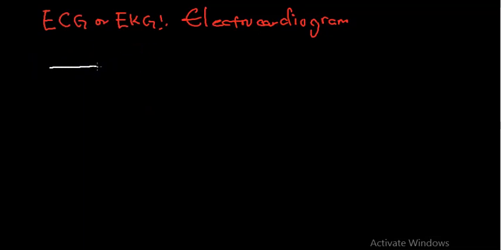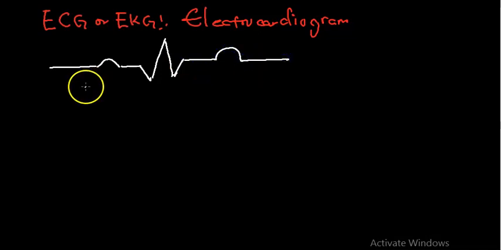I'm just giving a random drawing to it. So, in this case, on the waves, we have the Q, R, and S. Two of these waves are for contraction, and one is for relaxation.